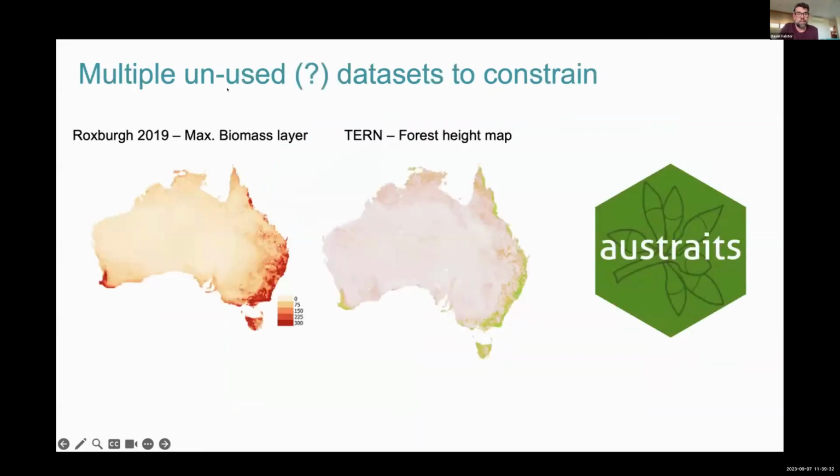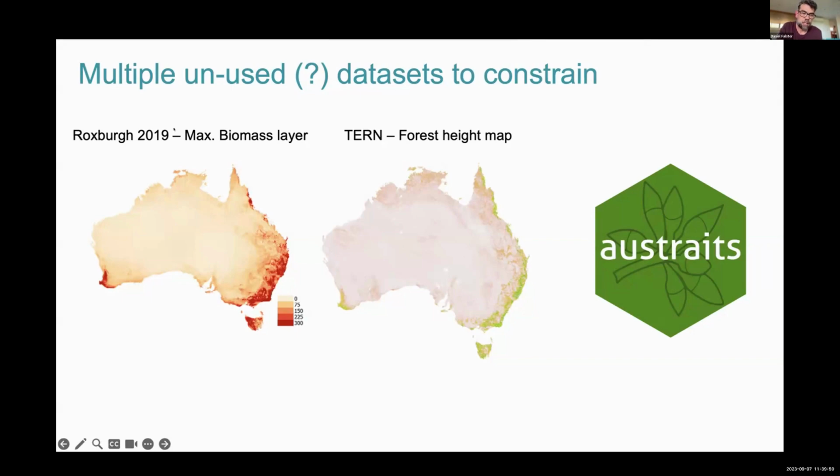And on that, I was fascinated to hear Luigi's talk earlier about the various data sets that are around. I was thinking about what data sets I knew of that might be useful for constraining biomass allocation at broad scales.